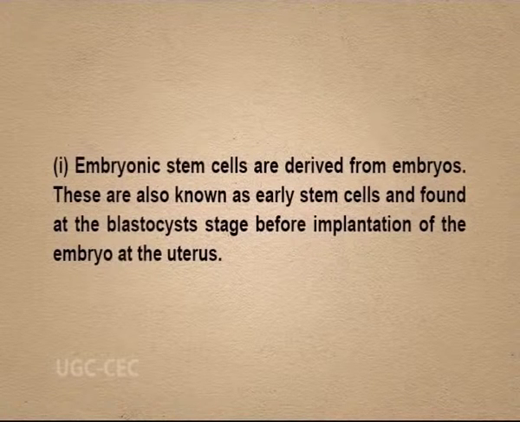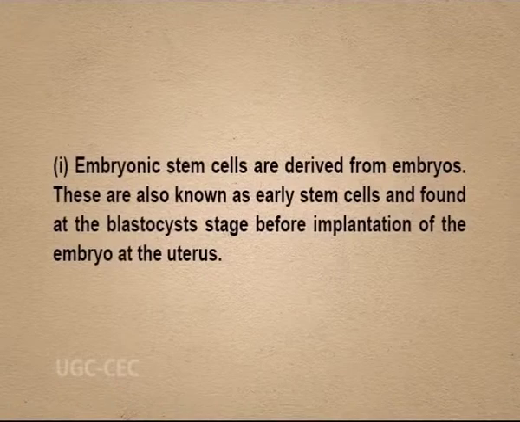These are also known as early stem cells and are found at the blastocyst stage before implantation of the embryo at the uterus. The embryonic stem cells are pluripotent and can be developed into any kind of cells of the adult body when given the sufficient and necessary stimulation for a specific cell type.